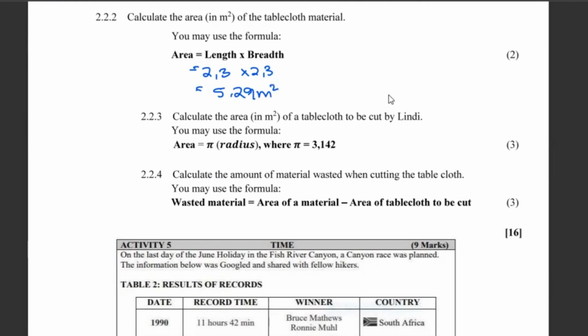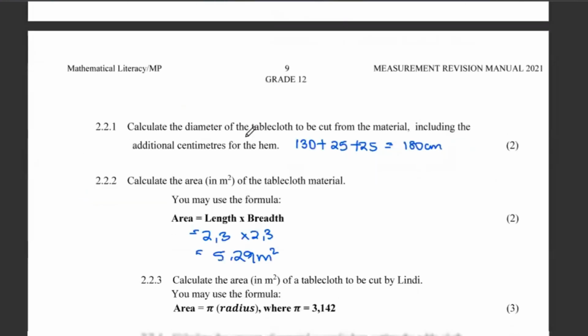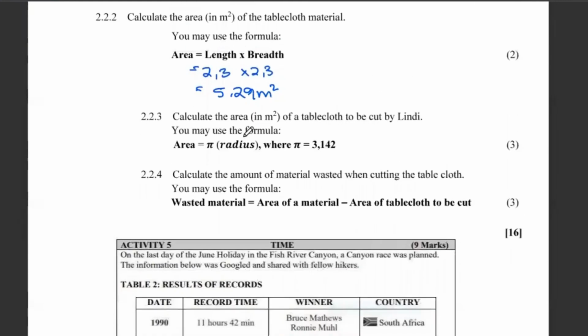So they are saying calculate the area in meters squared of the tablecloth to be cut by Linda. Remember, the measurements that we have in tablecloth are in centimeters. You need to change them to meters. So we saw that it has a diameter of 180 centimeters.